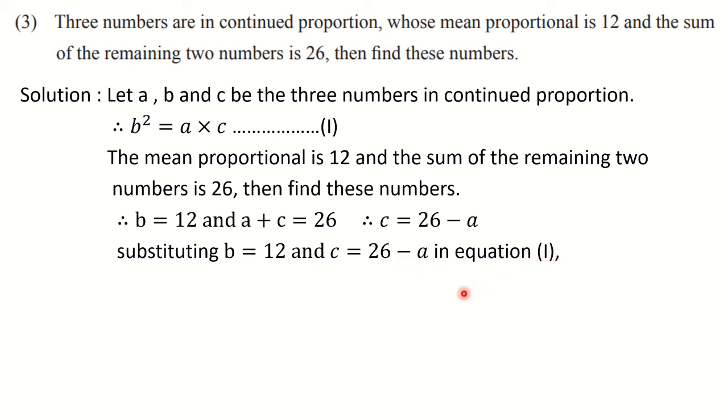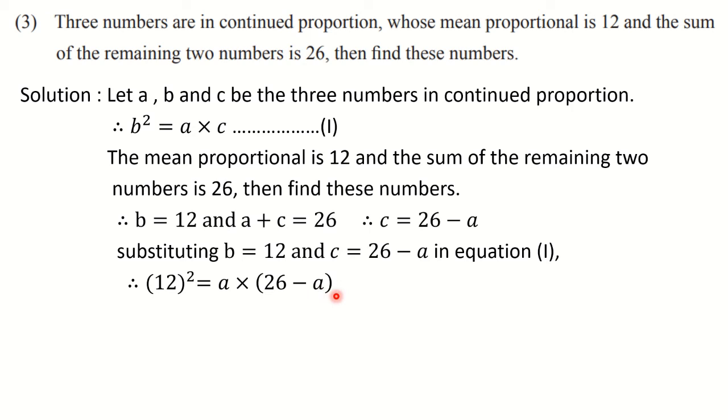I am substituting it here. So what I am going to get? Therefore 12 squared is equal to A into (26 minus A). Don't forget to write down inside the bracket. Here two terms are there in place of C, so you need to write down in bracket. See, 12 also is written in bracket. So 12 squared is equal to A into (26 minus A).